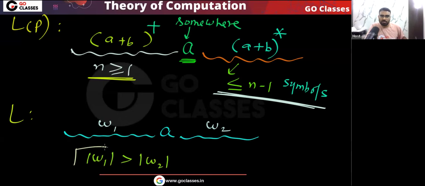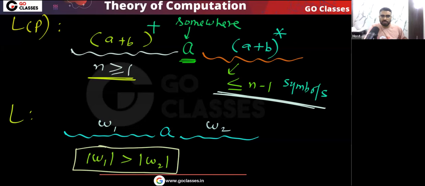Yes or no? This is what I'm saying: somewhere there is A, before this you have W1, after this you have W2, and the length of W1 must be strictly greater than the length of W2. This is the language. Is this clear?